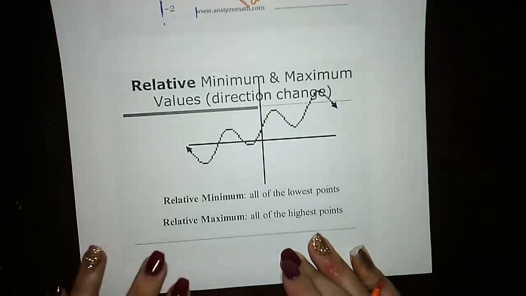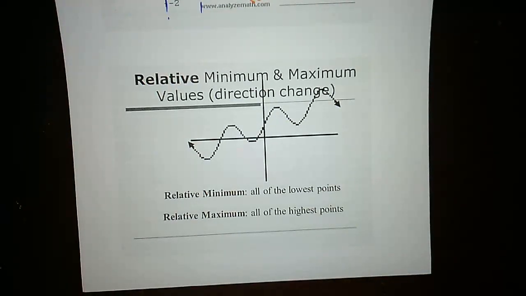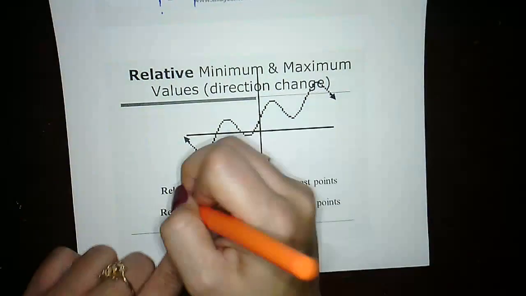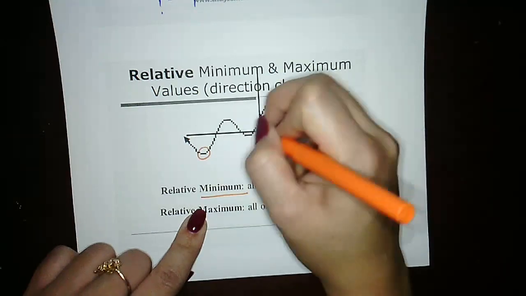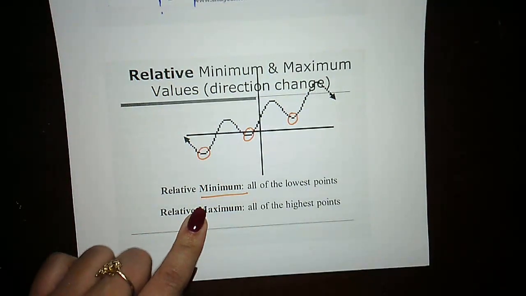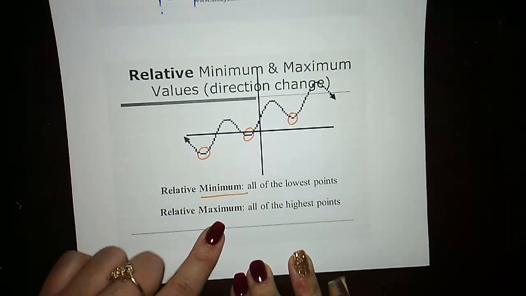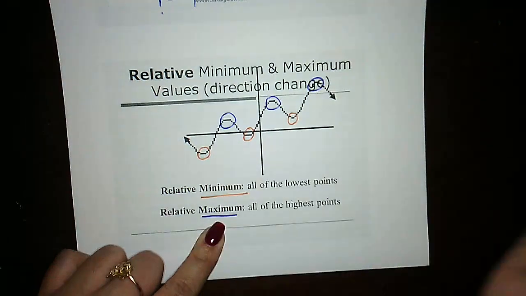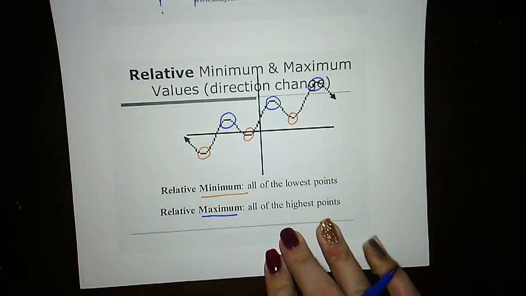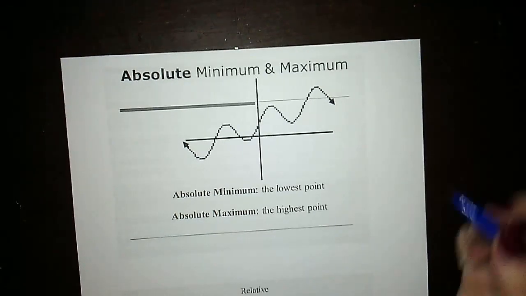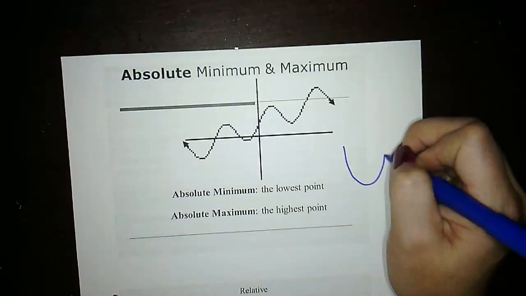Last thing we're going to discuss are your relative and absolute minimums and maximums. So relative minimums are all of your lowest points. So relative minimum are all of my low points. So all of my dips. Relative maximum are all of my high points. Then we have absolute minimum and maximum, and this is if we have a quadratic.